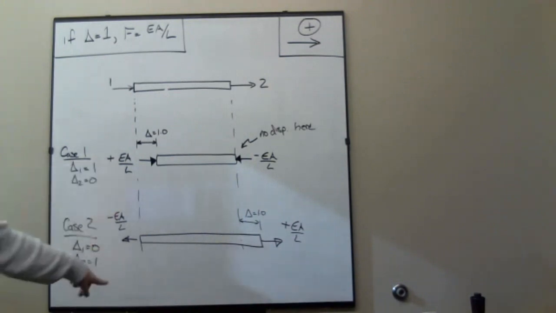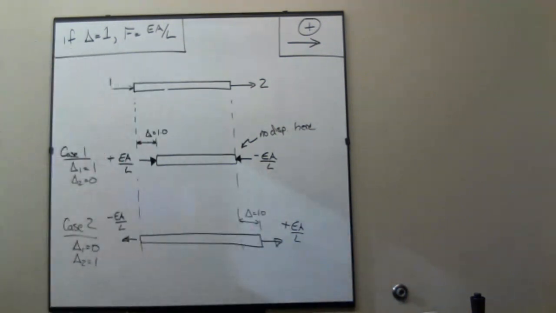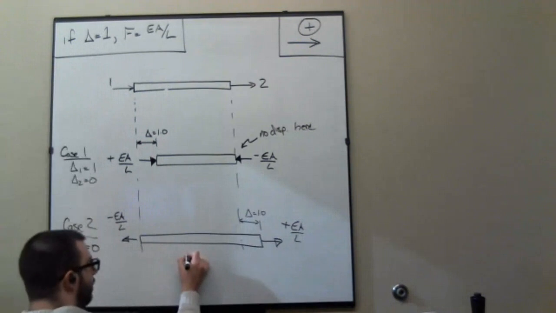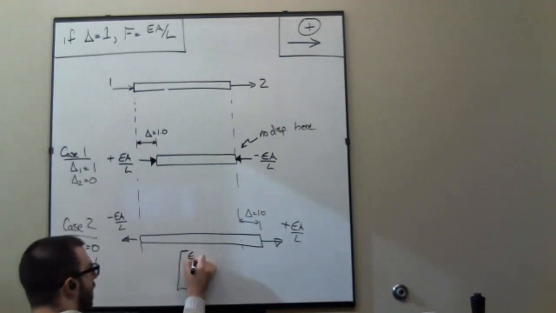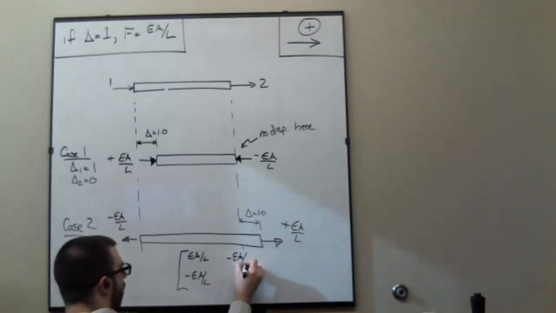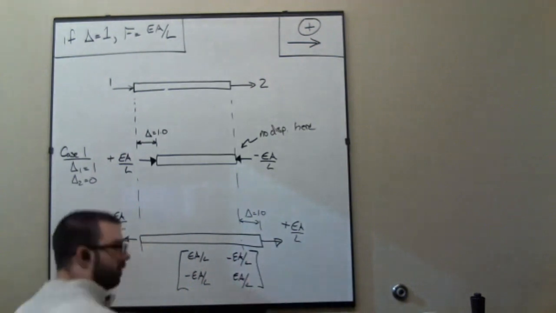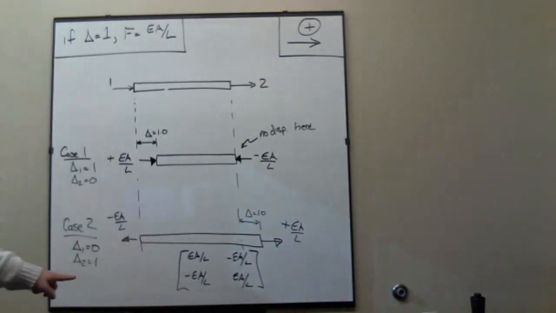A stiffness matrix is just a collection of these terms in a table, right? So what does your stiffness matrix look like? EA over L, negative EA over L, negative EA over L, EA over L. That's your stiffness matrix for a bar.